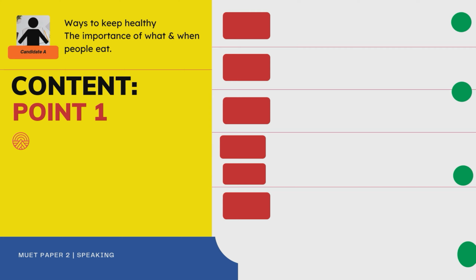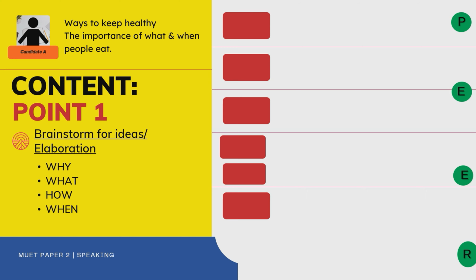So when you generate ideas for your point, don't forget to think of PEER. P for point, E for elaboration, E for example, R for reiteration. And when you brainstorm for your ideas or your elaboration, you need to make use of these WH questions.